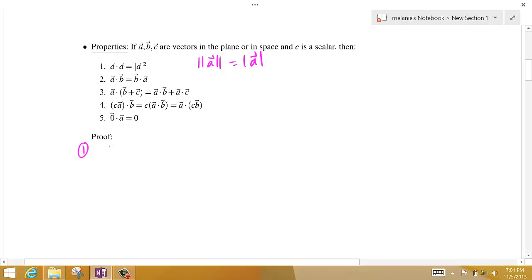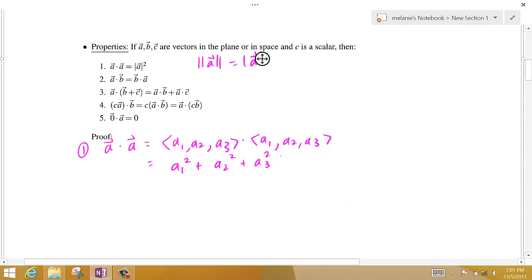Okay, so let's look at a few of them and prove them. Like number 1, if I have A dotted with A, that's like A1, A2, and if I had 3 components, A3, dotted with A1, A2, A3. So first component times the first component, you get A1 squared, plus second times the second, you get A2 squared, plus the third times the third, A3 squared.